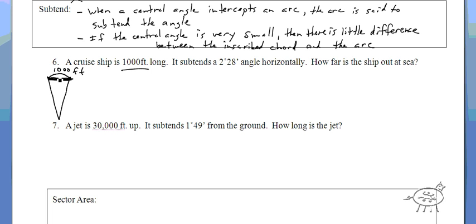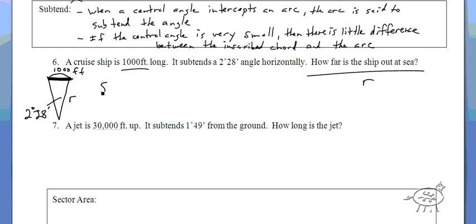They're so close in measurement. So that's 1,000 feet, and this guy right here, how far the ship is out to sea, is going to be your R. Usually the distance away is an R. And then, of course, your theta is going to be 2 degrees, 28 minutes. That's your subtend angle.